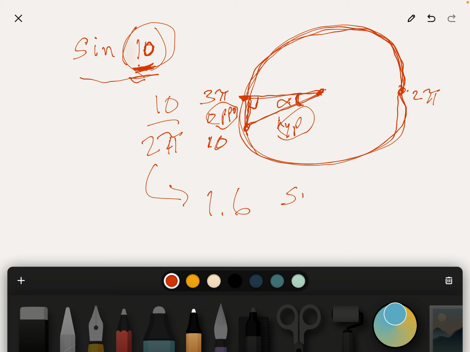The sine is just the ratio of the opposite over the hypotenuse. And so the domain of the sine function is negative infinity to infinity. But the range is simply -1 to 1, right? It's going to be some ratio in that range.